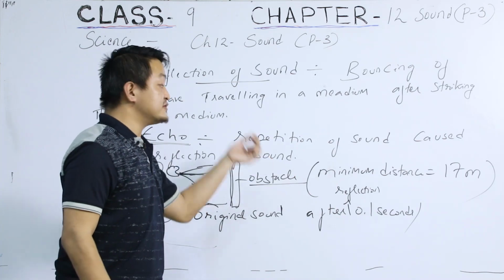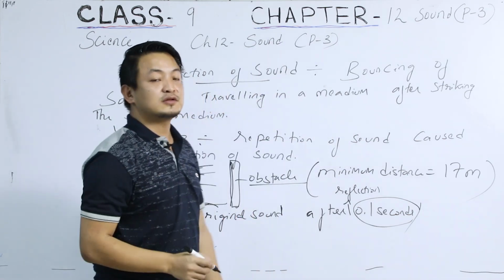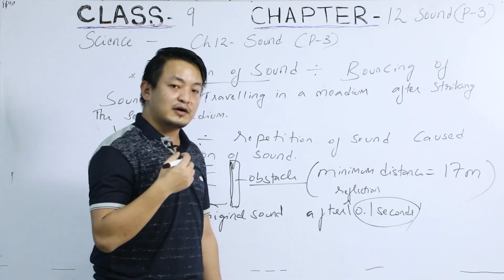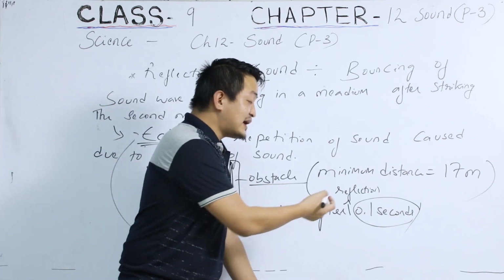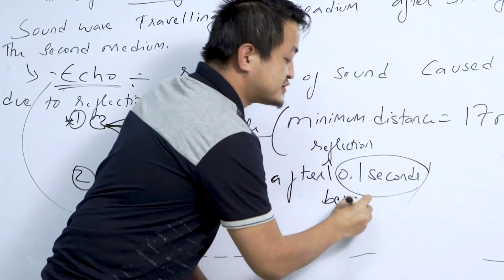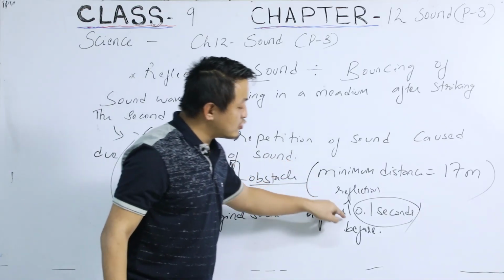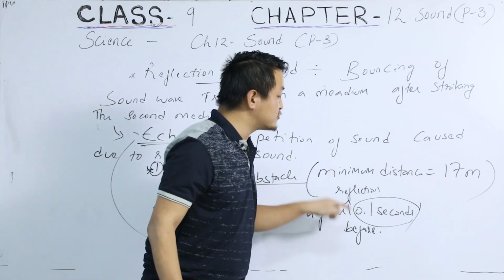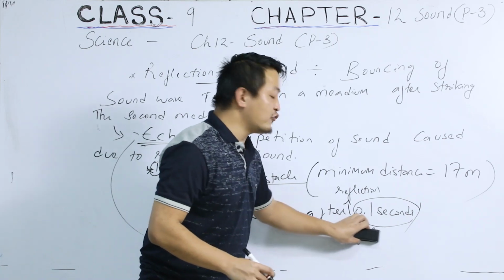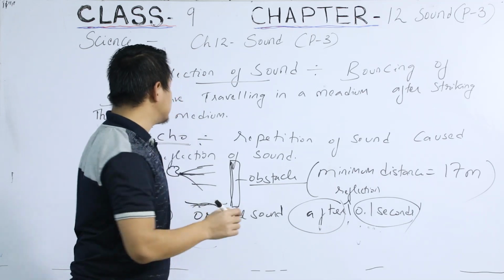After reflection, if the original sound reaches our ear after 0.1 seconds, then we will be able to hear the echo. Since I'm not able to hear my own echo, that means the sound is reaching my ear before 0.1 seconds. If the sound reaches our ear before 0.1 seconds, then we will not hear the reflection of sound. It should be after 0.1 second. So this is very important.